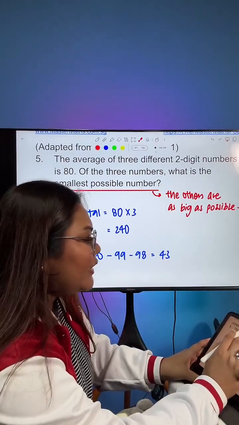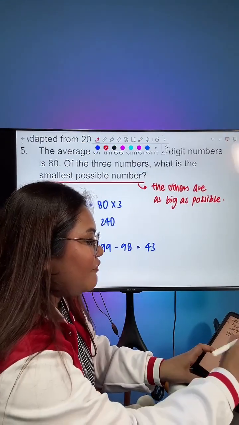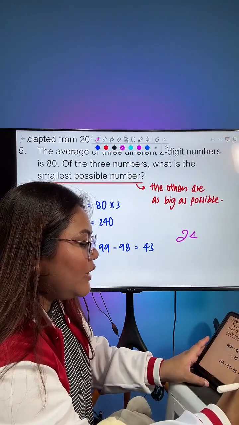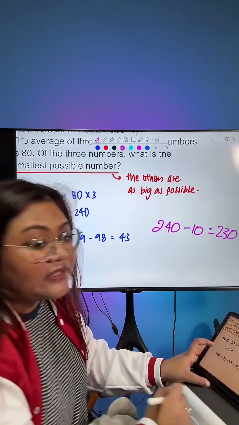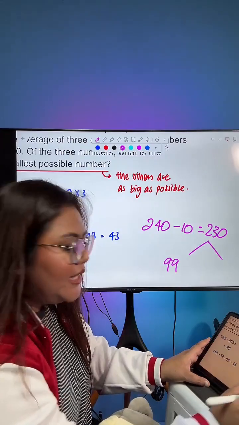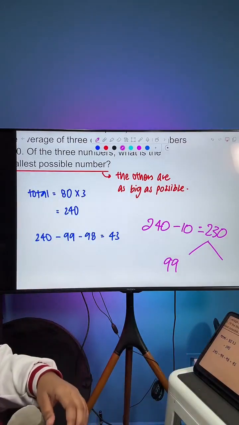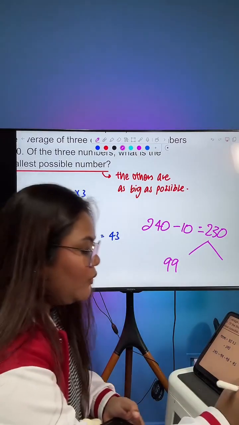Understand? If you think that the smallest is 10, let's see what happens. If I use the smallest to be 10, 240 minus 10 will give us 230. If one of them is the biggest possible, 99, then the second one will be 230 minus 99. But the problem is, I will get 131.